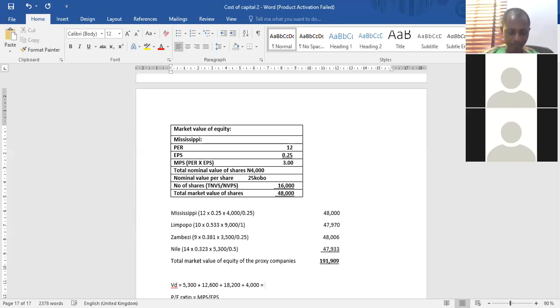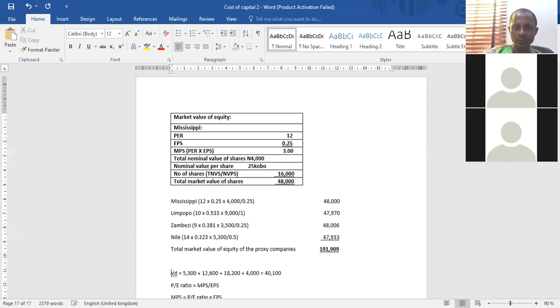So let's add: 5,300 plus 12,600 plus 18,200 plus 4,000 gives 4,100. That is the total market value of debt.